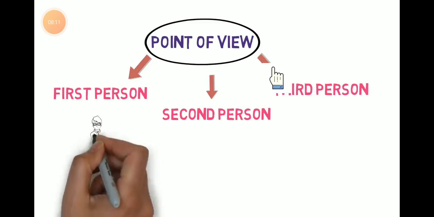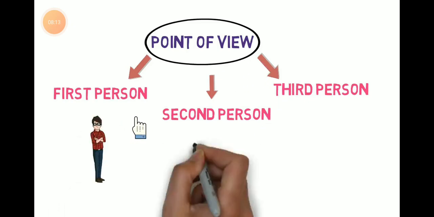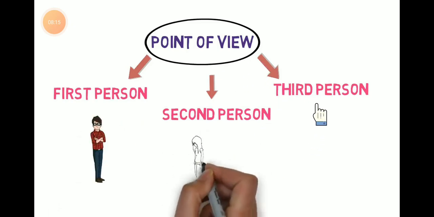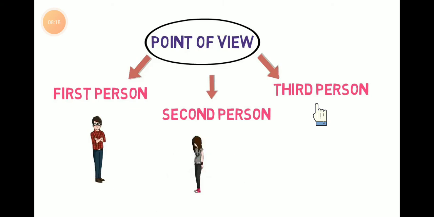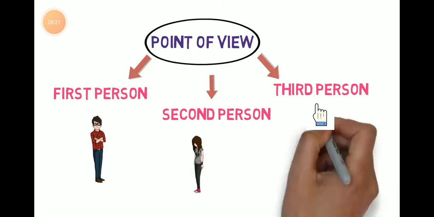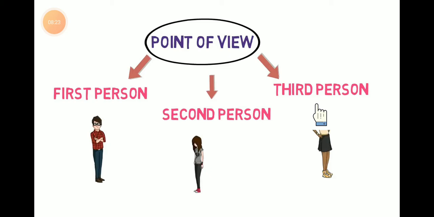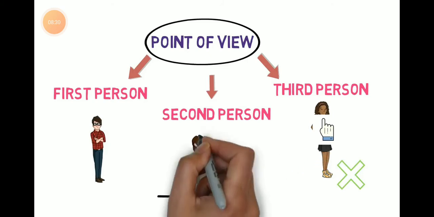In English grammar there are only three persons: first, second, third. You might tell me, no sir, I know 10, I know 100. Hey, it's not the right thing. You might know more than 100 or 1000 people, but in English grammar there are only three persons: first person, second person, third person.